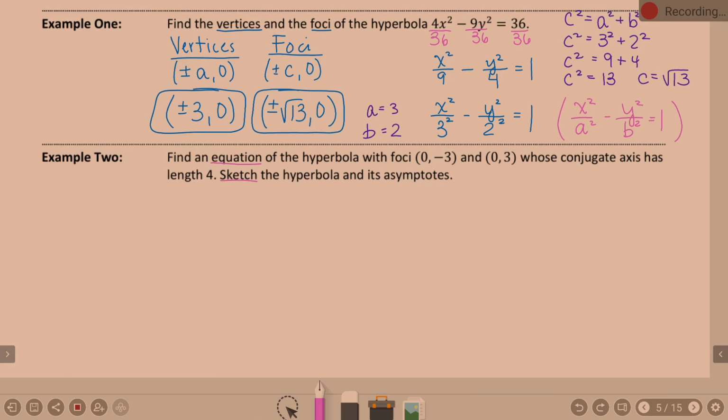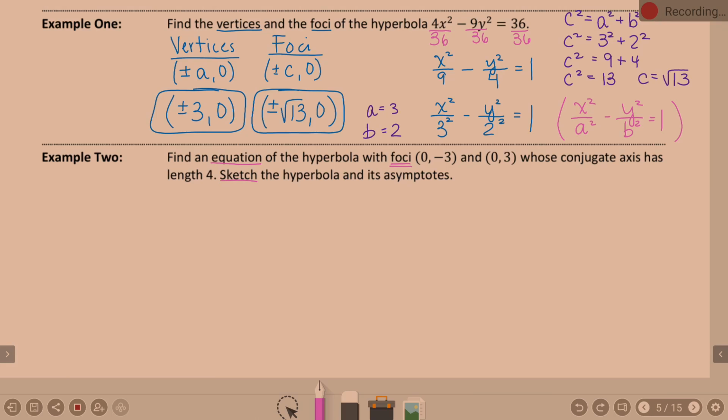What kind of information are they giving us? What are some of the pieces that we can pull? It's right column. Why is it right column? Because the foci is 0 plus or minus c, and the numbers it gives are on the right side. Foci are 0, negative 3, and 0, 3.